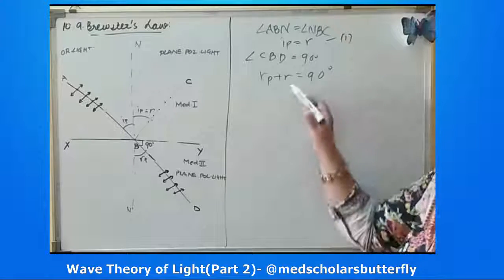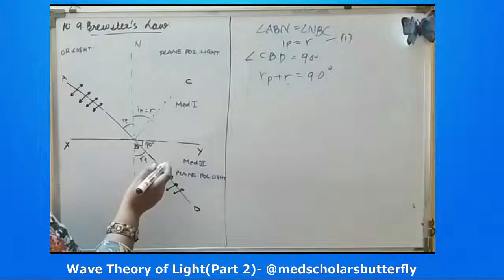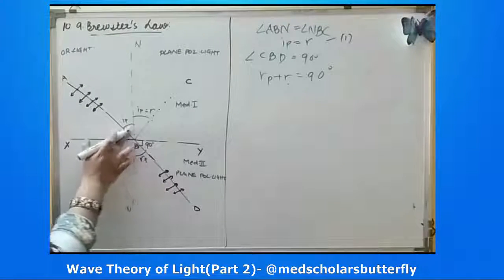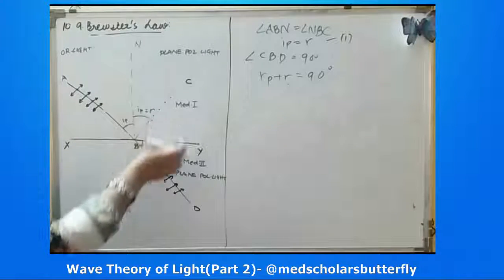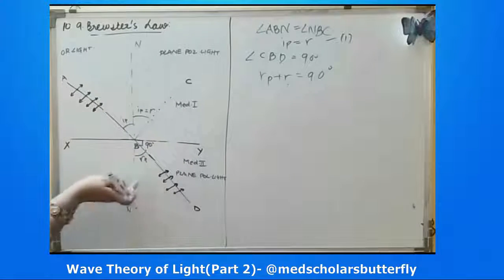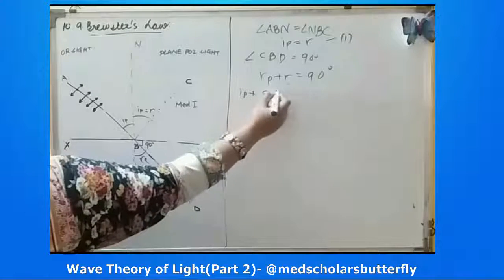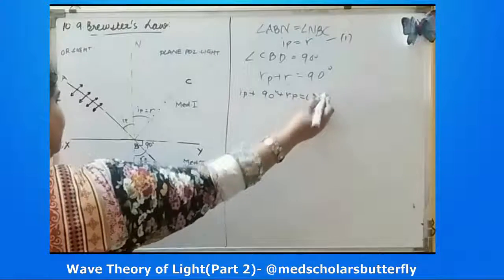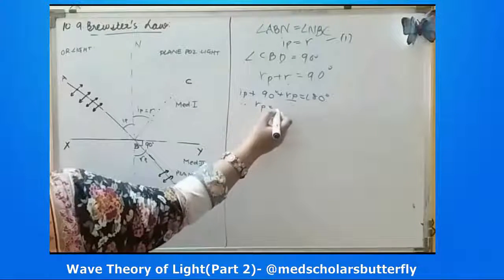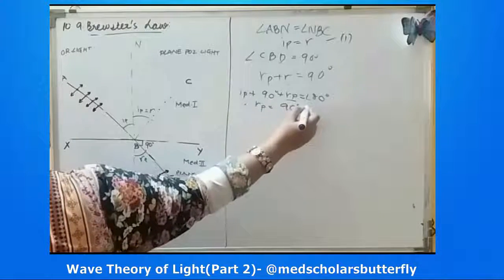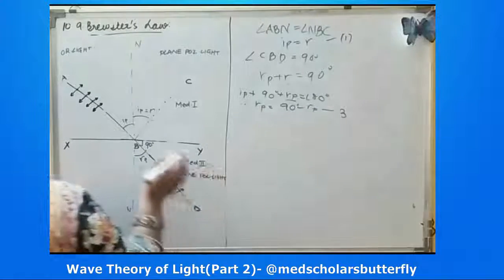From the figure we know that IP plus 90 plus RP is all 180 degrees. That means the value of RP would be 180 minus 90, which is 90 degrees minus IP, equation number 2.